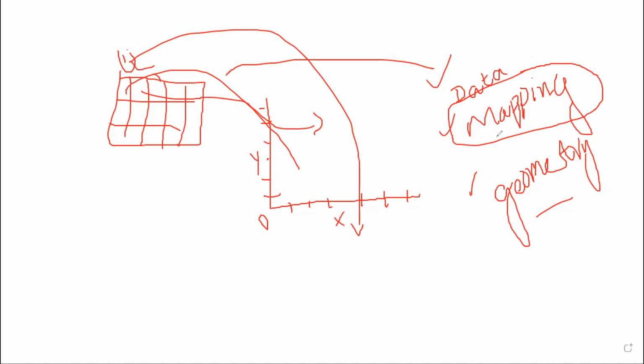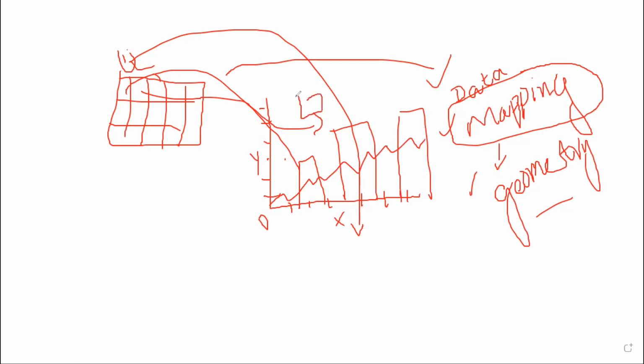While in geometry, we define the shape or type of graph, like we want to draw a bar graph, a line graph, or a box plot like this.